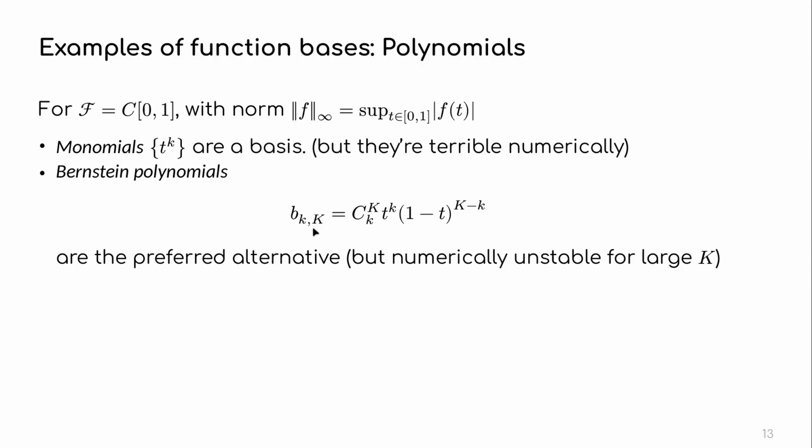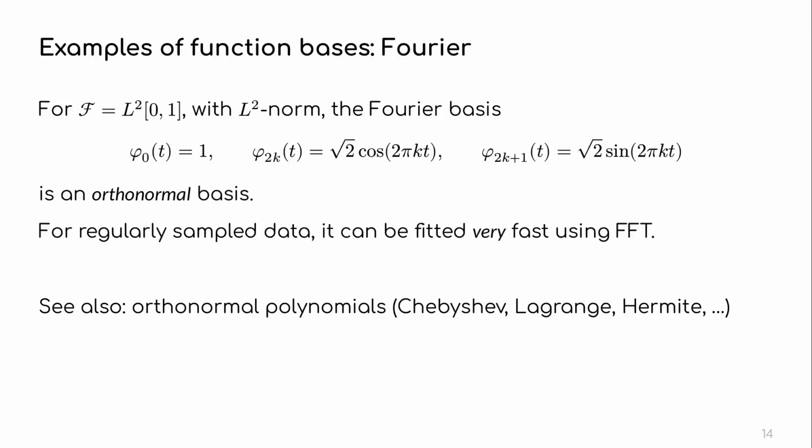So if you want to fit functions with polynomials, generally this is the better option. But again, for very large n, it's numerically unstable because we have this binomial coefficient that grows and grows. But it's still a fairly good option if you have nothing else.